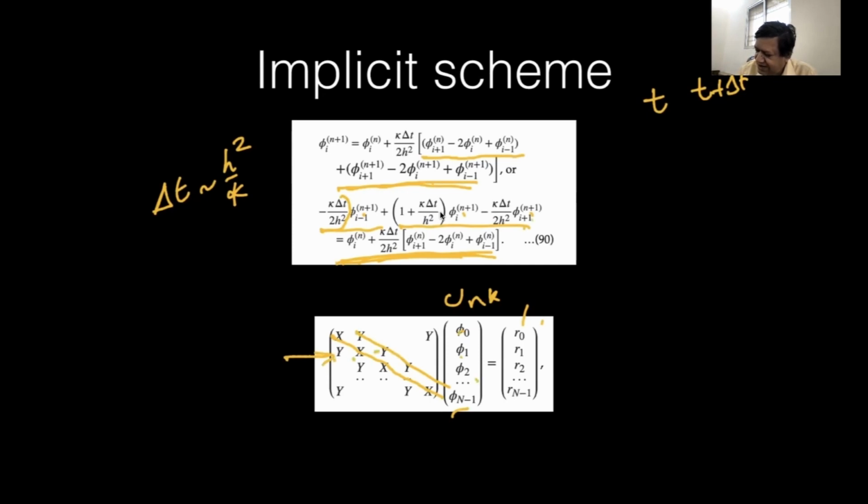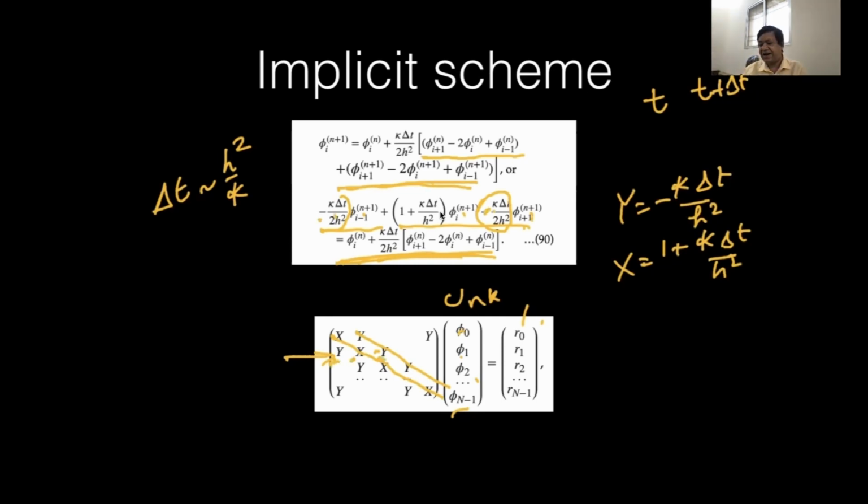The off-diagonal prefactor is y, so y equals minus kappa delta t by s squared. And x is 1 plus kappa delta t by s squared. These two are exactly the same, one to the left and one to the right. So we have y, x, y.